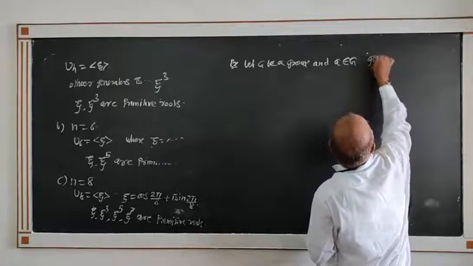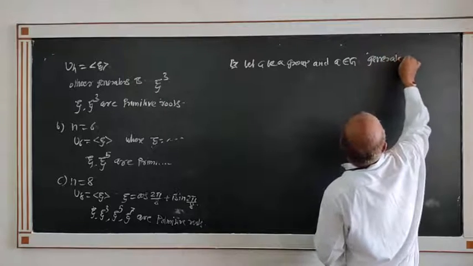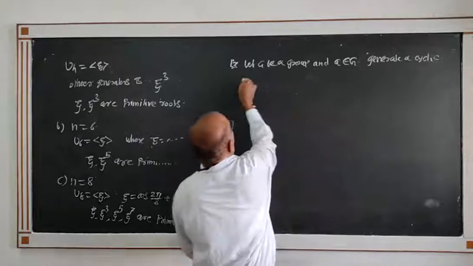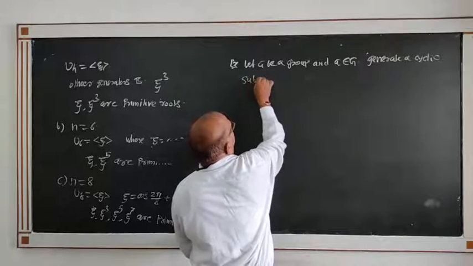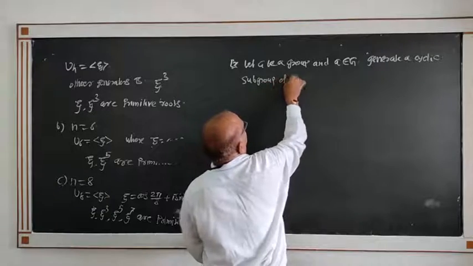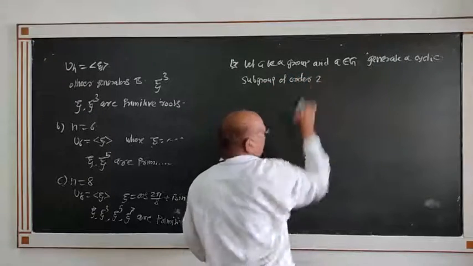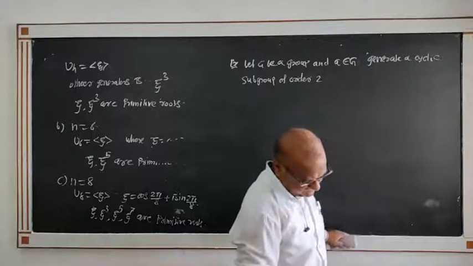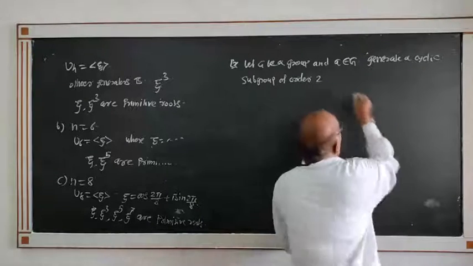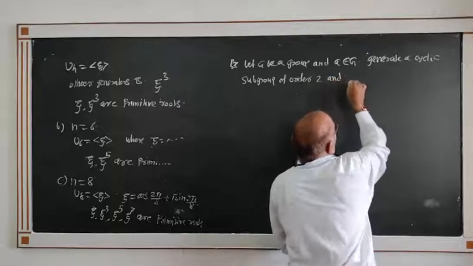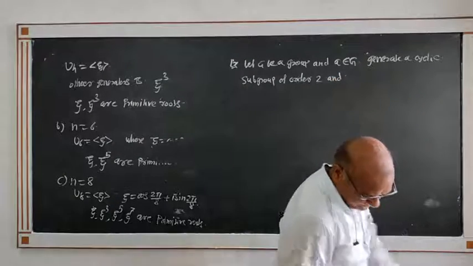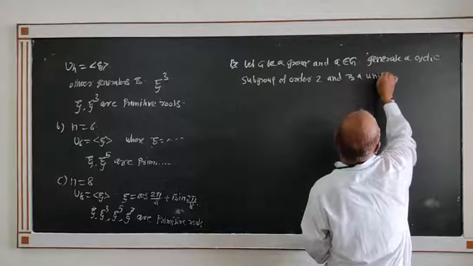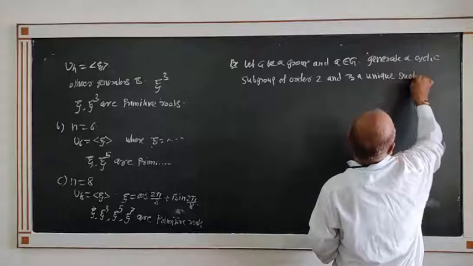Suppose A generates a cyclic subgroup of order 2 and it is the unique such element.